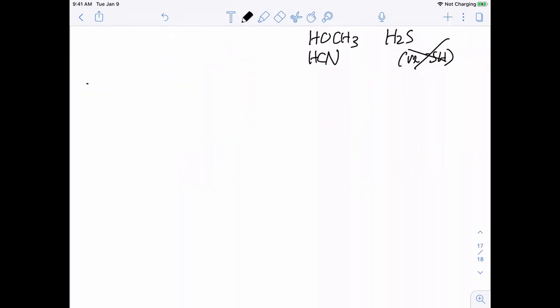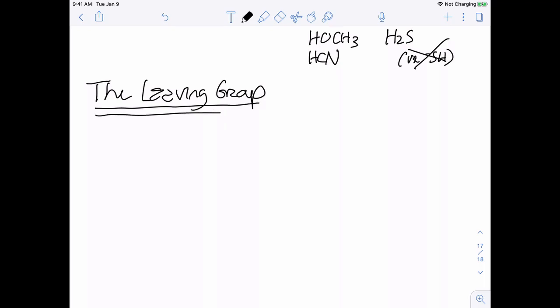The leaving group. So our alkyl halide, it's the halide on the alkyl halide. That's our leaving group, and it is involved in the rate determining step of both SN2 and SN1 reactions.